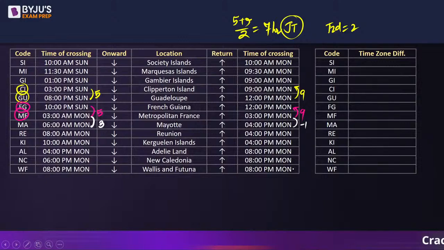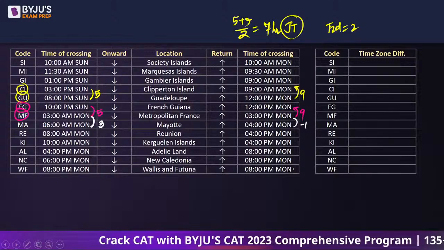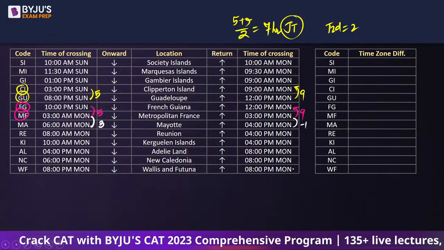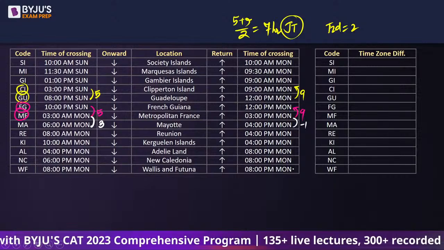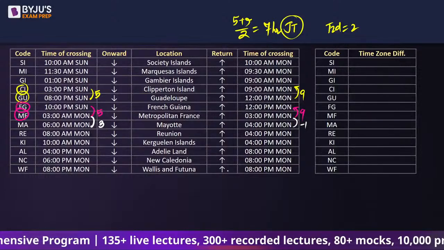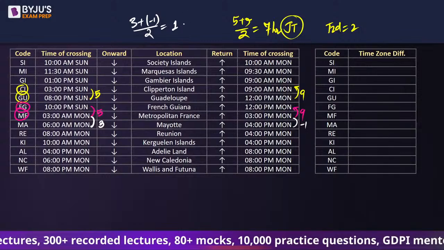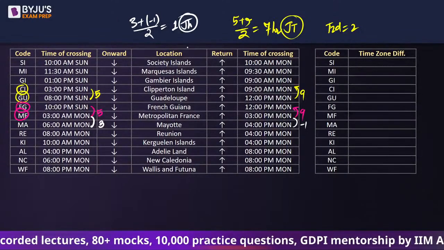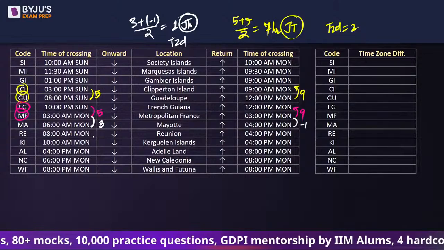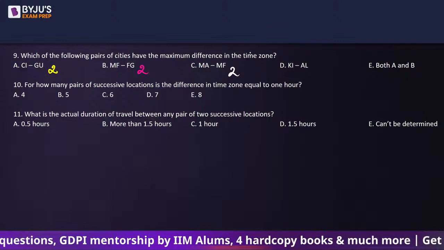So you start at 4 p.m. You cover certain distance, but still वहां का time आपको पहले का दिखा रहा है. So obviously it's to the west. So it is -1 hour here. So the average of 3 and -1 is going to be 1. So this is your journey time. So journey time में तो time zone difference is 1 से 3 is 2 hours. Okay, so this also gives us 2 hours.